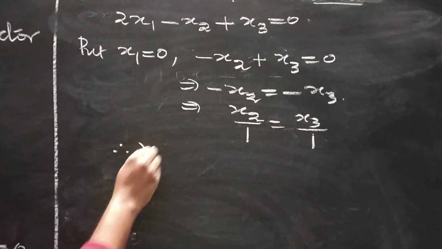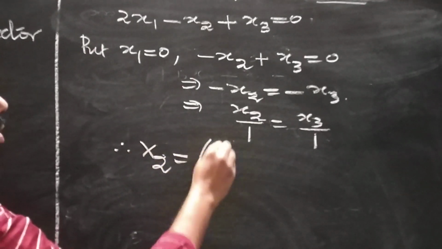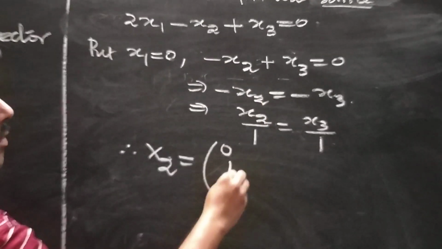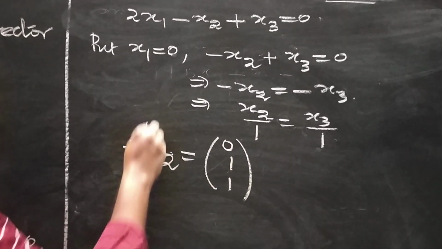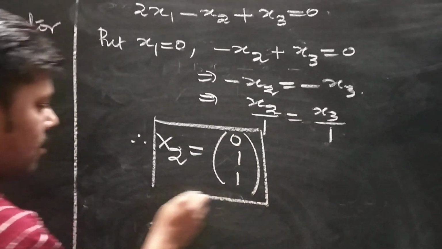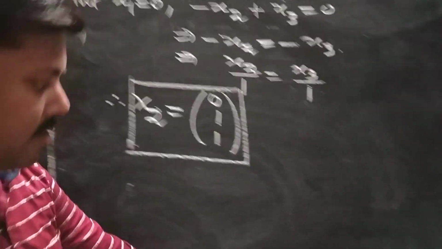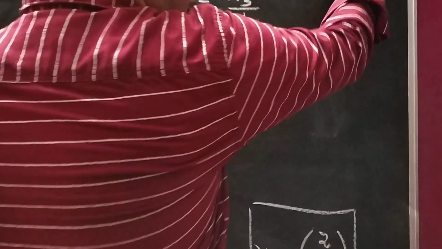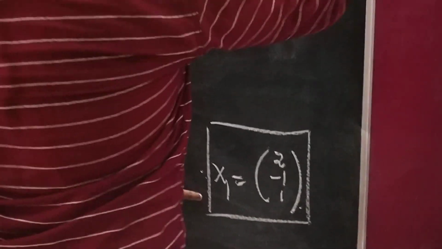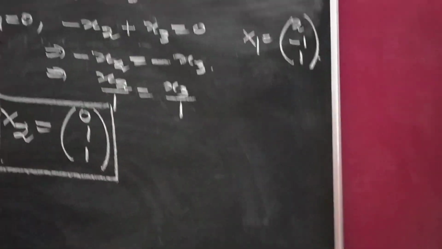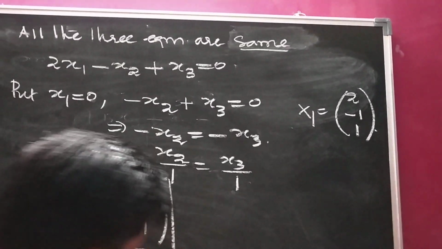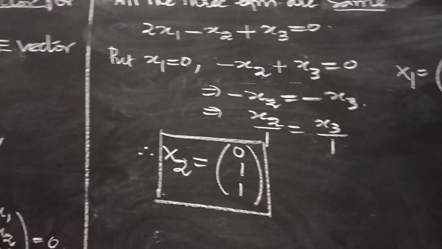Therefore, second eigenvector is x1 value 0, x2 value 1, x3 value 1. Right? First eigenvector is 2, minus 1, 1. Second eigenvector is 0, 1, 1.